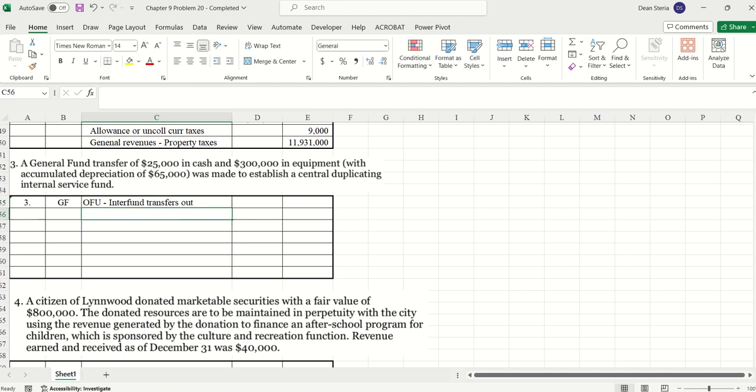And then we're going to hit cash for $25,000. Okay, and that's what it tells us right here. General fund transfer of 25 in cash.